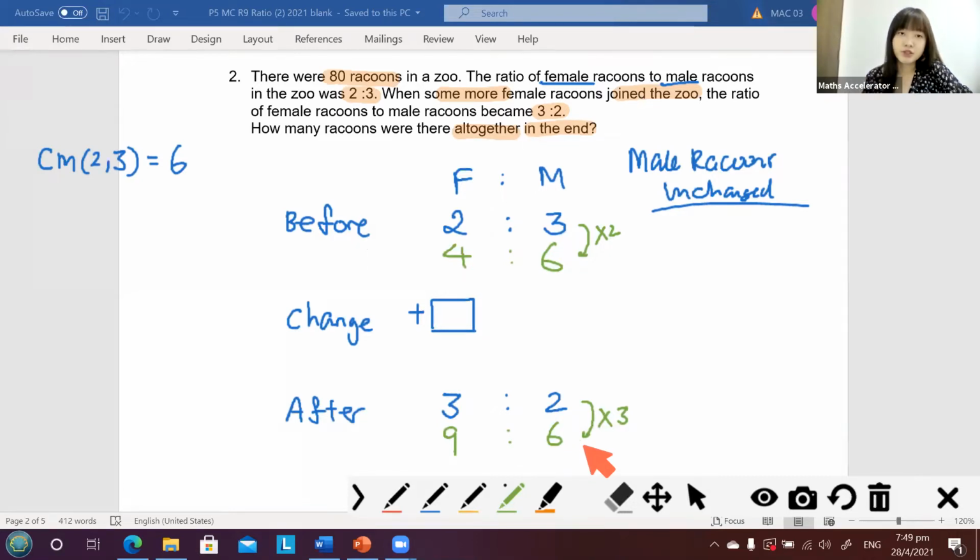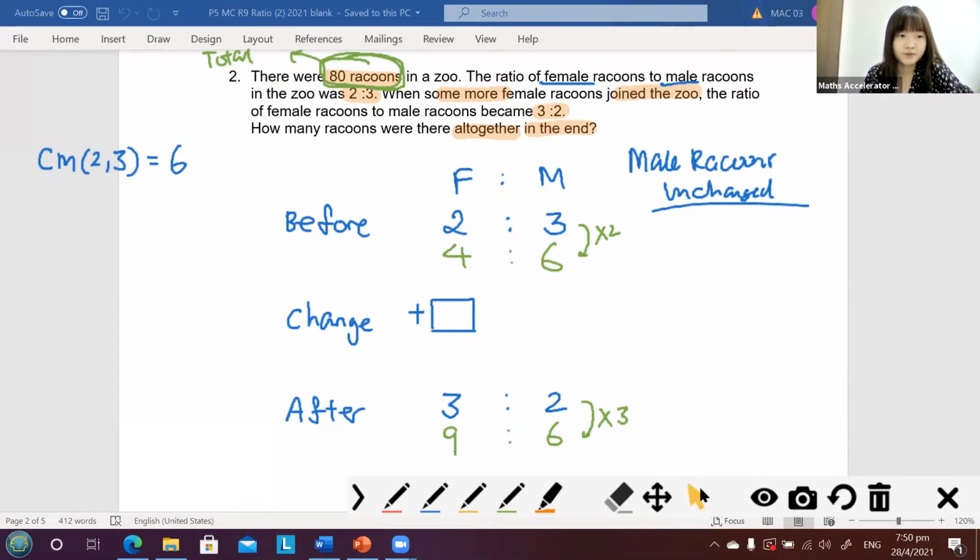Now, the thing about this question is, what's the value given? Let's go back to the question. The only value given is that we have a total of 80 raccoons in the zoo. So how many units do these raccoons represent? It's total. Great. So I see some answers ready.